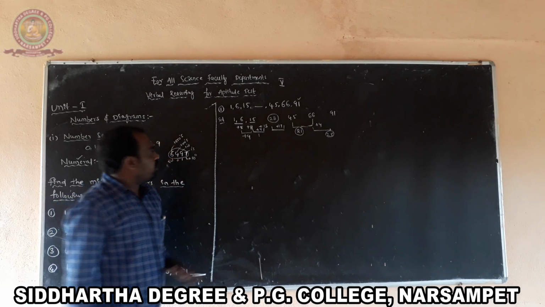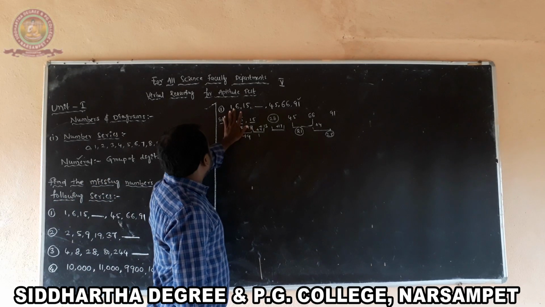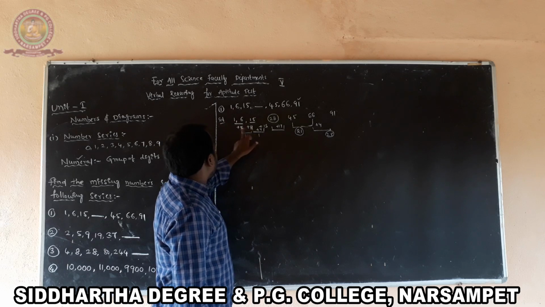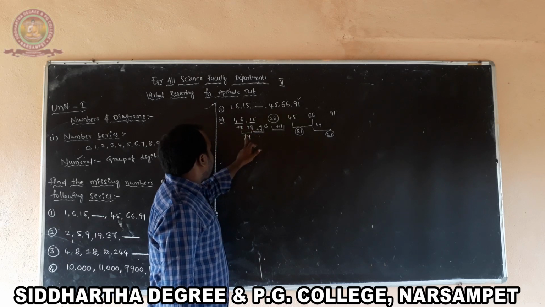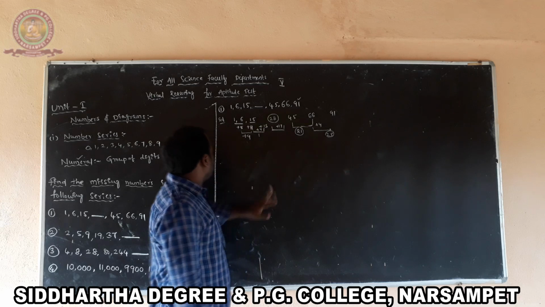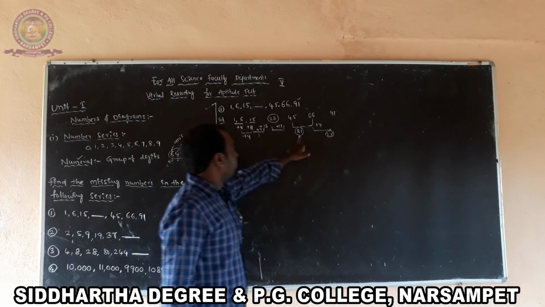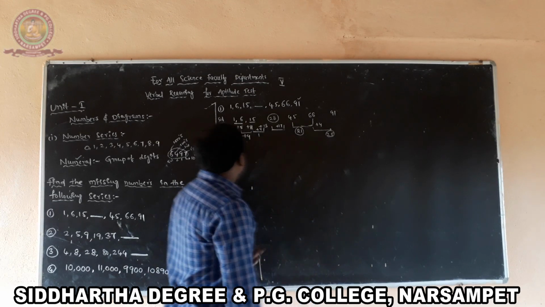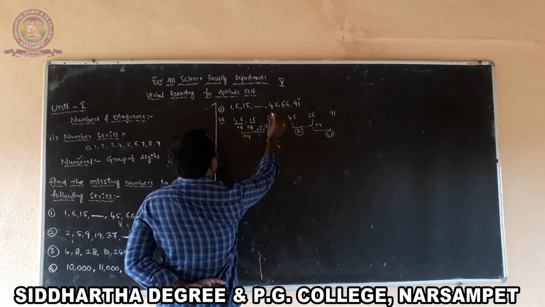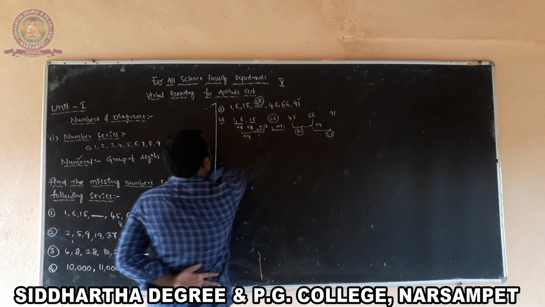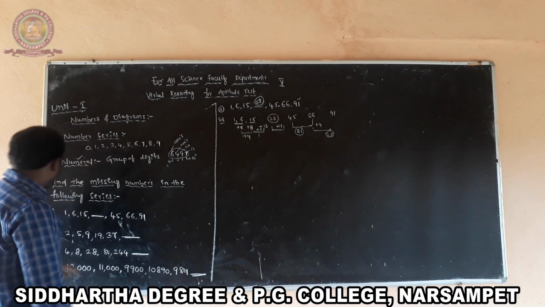So we add 5, then 9, and the differences increase by 4: 5, 9, 13, 17, 21, 25. For this series the missing term is 28. So this is the first problem.